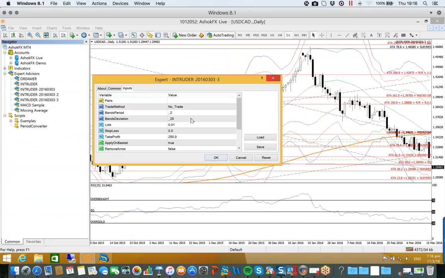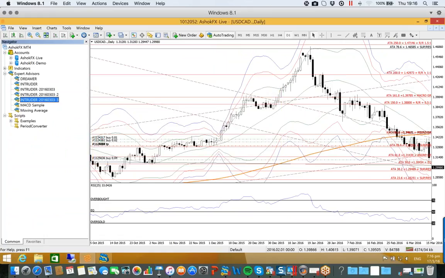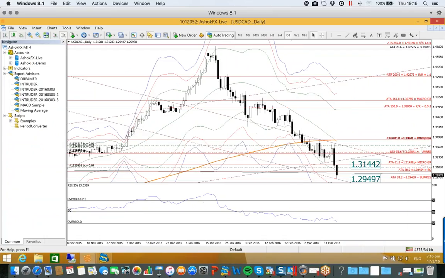Drag and drop. Are we following? Can I start with the Intruder trader? Okay, good. We are going to start Intruder trader.